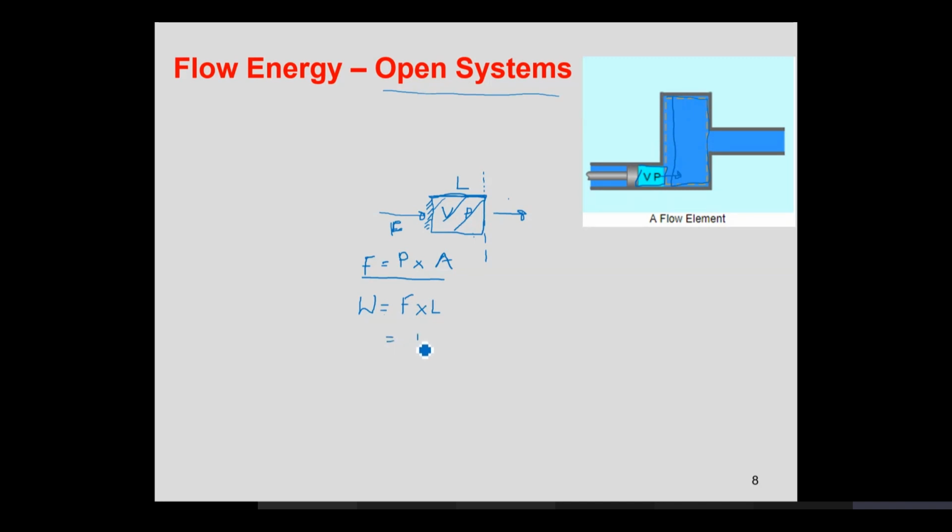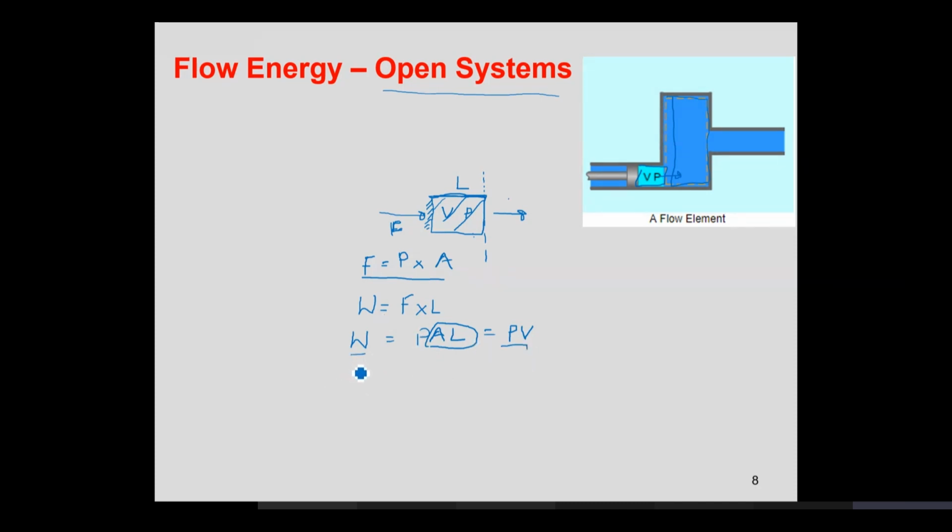Force into length is pressure into area multiplied by length, and area into length is the volume. So PV is the work done associated with the movement of this fluid into the control volume, and to keep the flow moving, this is the work done associated with the flow.